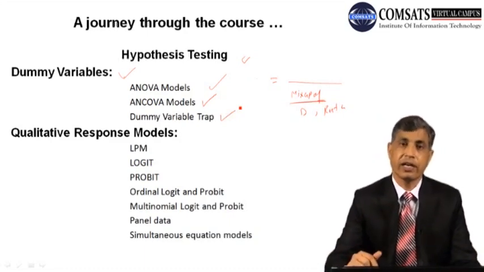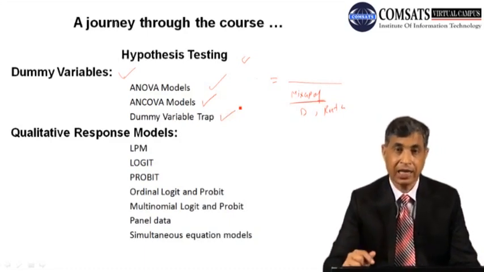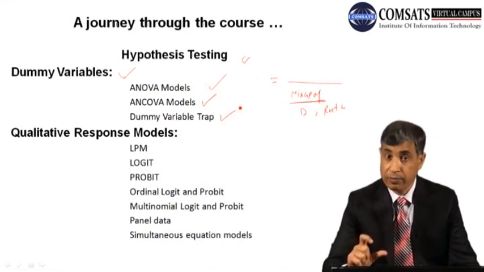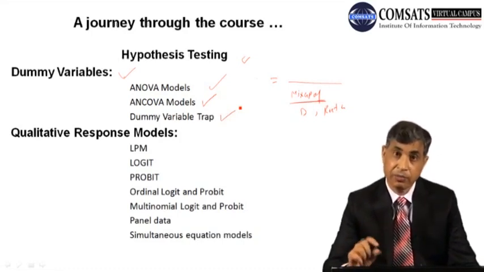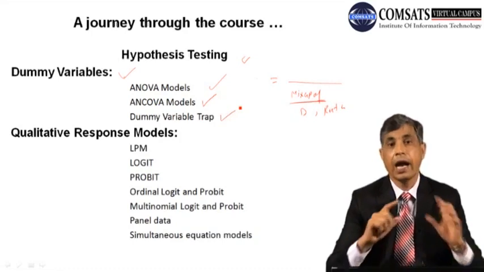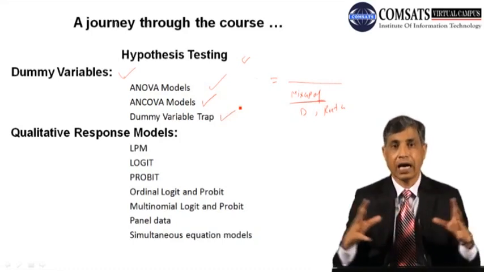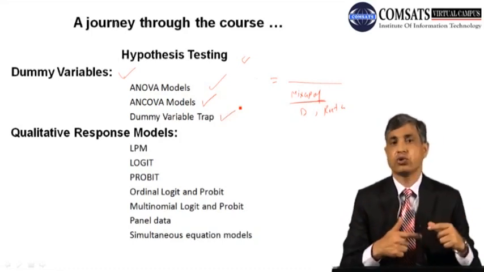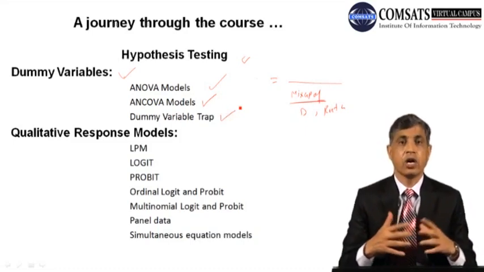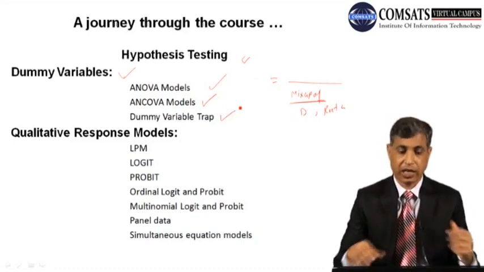But when you are using one dummy less than the category, then the intercept is the base category. Intercept is the value of the base category, and you will be comparing the other categories with this category. So this was the dummy variable.